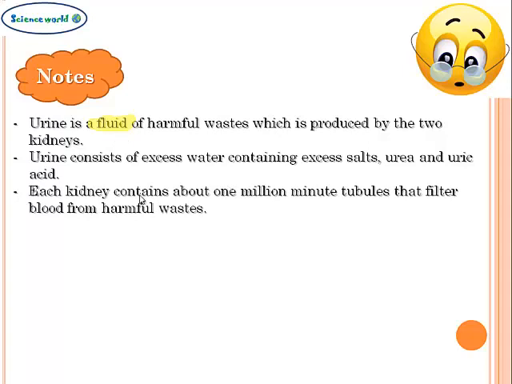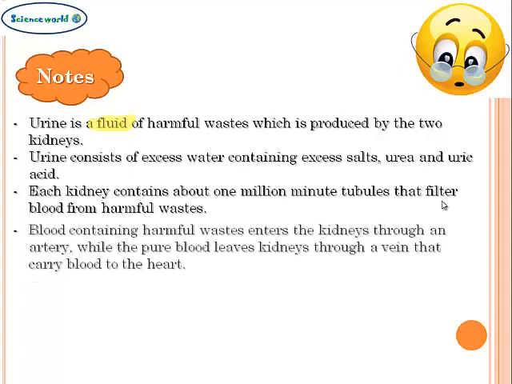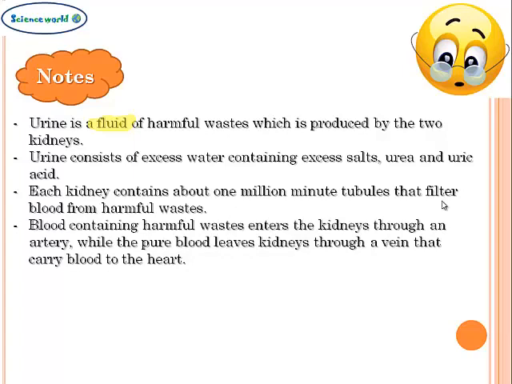3. Each kidney contains about 1 million minute tubules that filter blood from harmful wastes. Oh no, 1 million! Yes, the kidney contains 1 million small tubes to filter the blood. 4. Blood containing harmful wastes enters the kidneys through an artery, while the pure blood leaves the kidneys through a vein that carries blood to the heart.